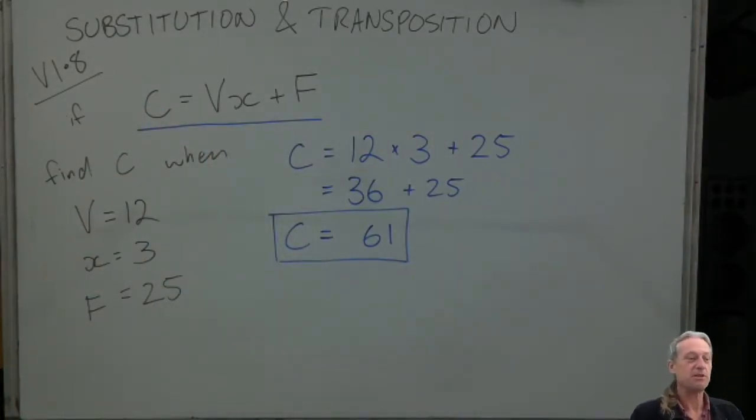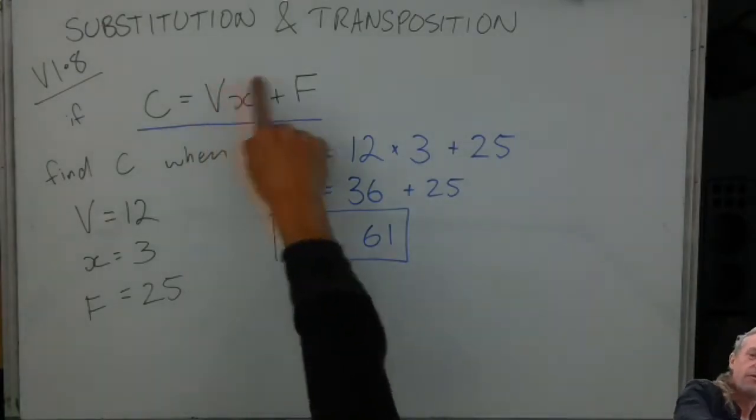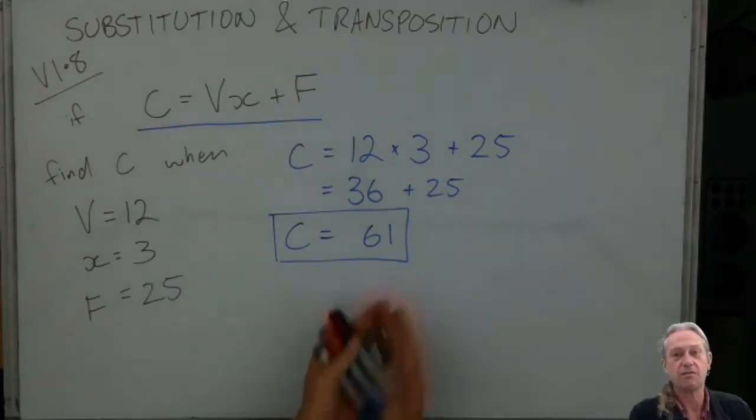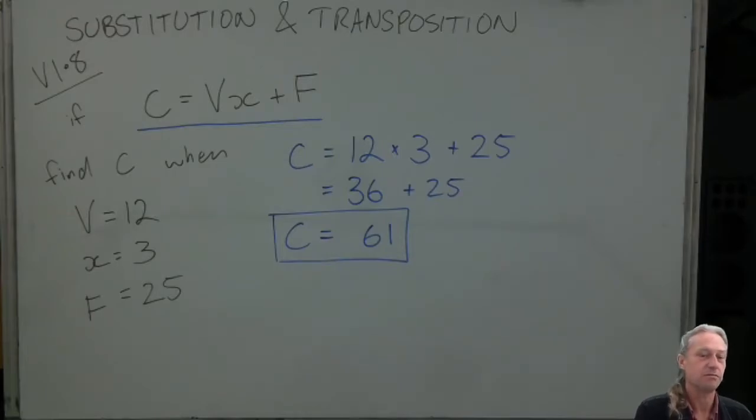Really, substitution is putting numbers in for the variables in an equation and calculating what they all combine to. So that's the first example, a nice easy one.